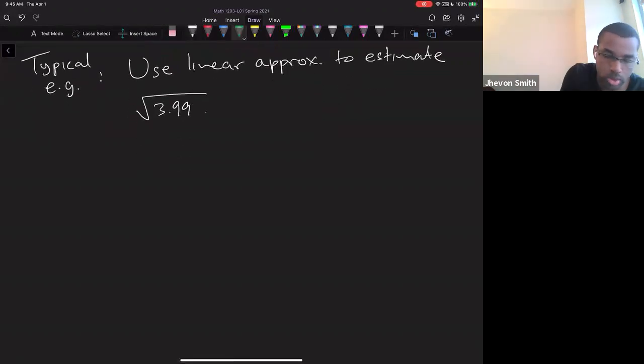So what you would do is, one, set up a function whose output can approximate what you want.